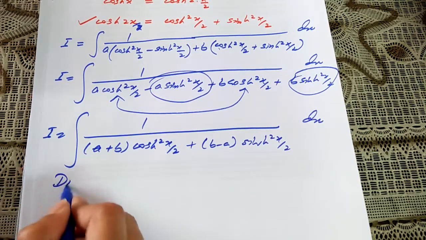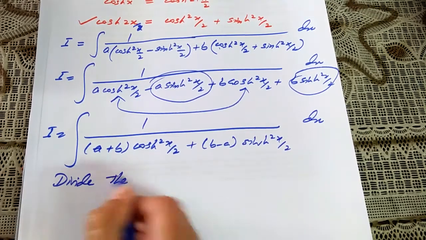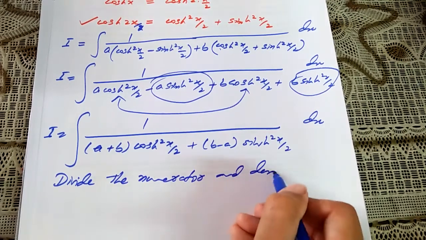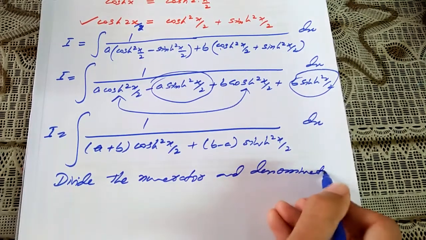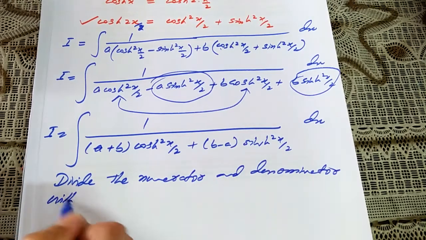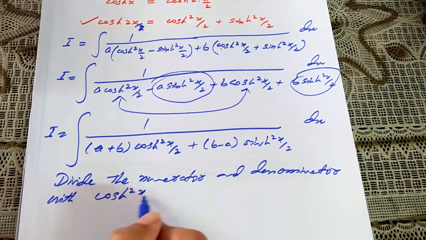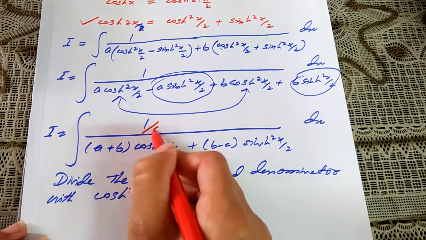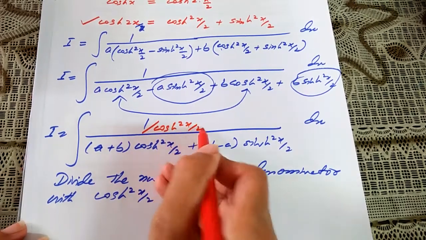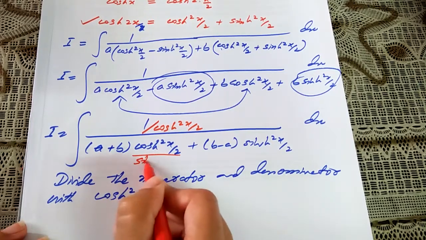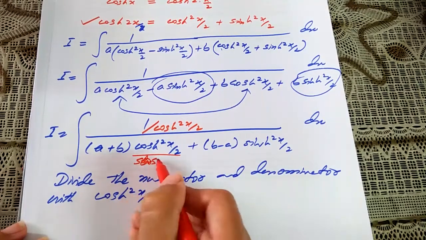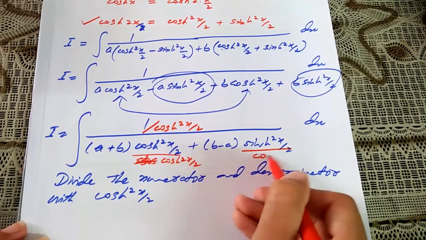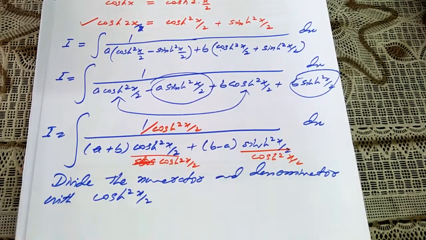Now divide the numerator and denominator with cosh squared x by 2. Now I am dividing my numerator with cosh squared x by 2 and with my denominator cosh squared x by 2 like this.